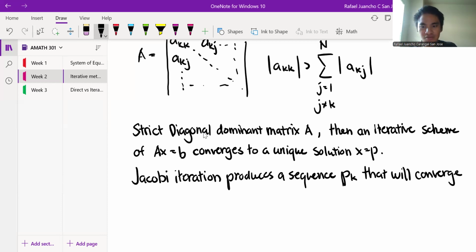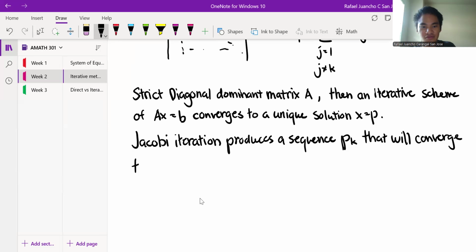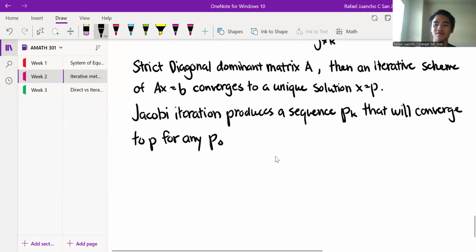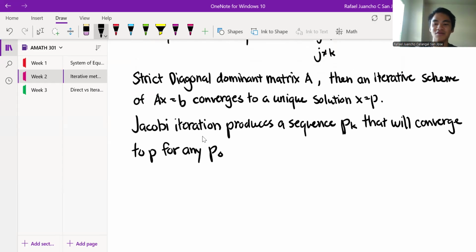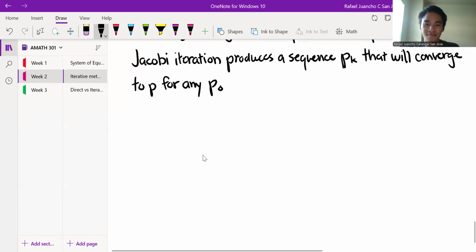So it will converge to the exact value of P for any p naught. If we start at any point, that's what P means, point, then if we implement this Jacobi algorithm, we're guaranteed that it will converge to P.